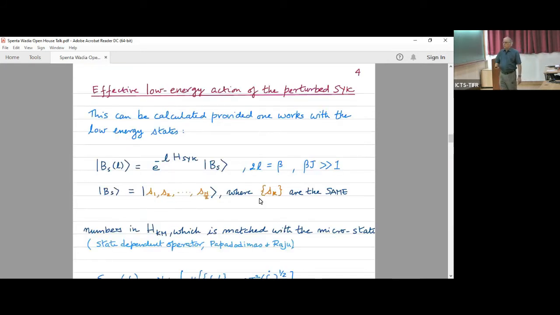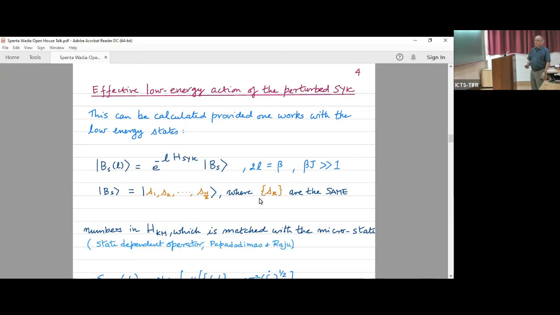And what is the idea? The idea is as follows. The idea is how to compute, when you extend the SYK model by this new operator, how to compute its low energy projection. And this is done as follows. So first you look at these states, which are made of the eigenvalues s_i equal to plus or minus 1 of the SYK model.